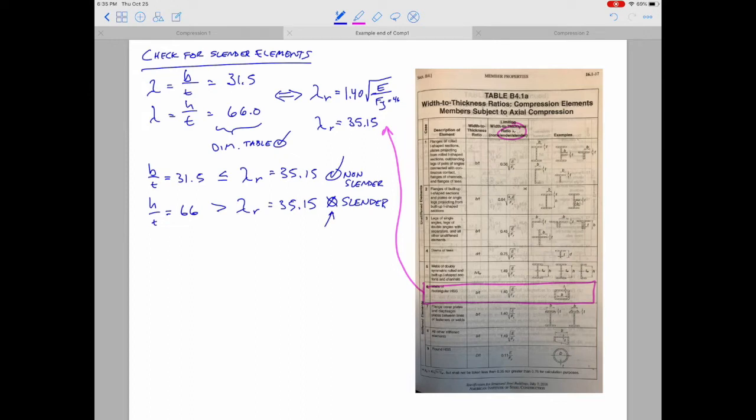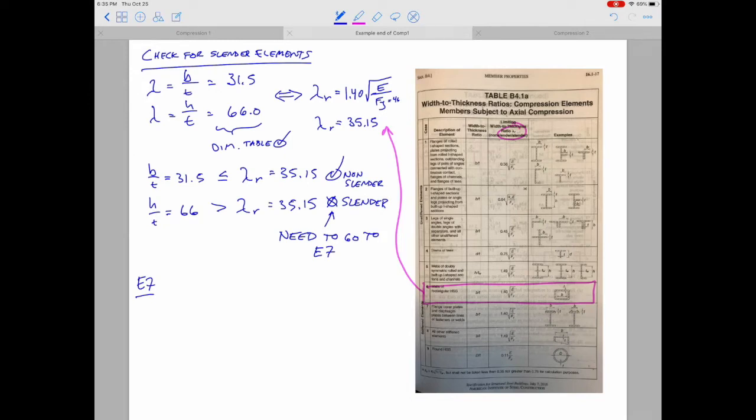It just means I need to go to E7. Right, local buckling needs to be checked. Okay, so local buckling needs to be checked. Now let's go to E7. So at E7, I need to calculate some values.